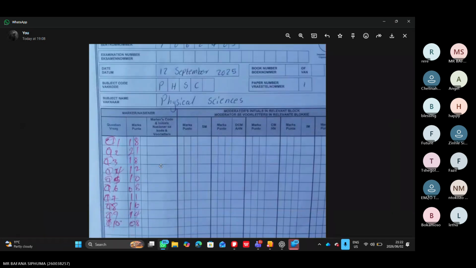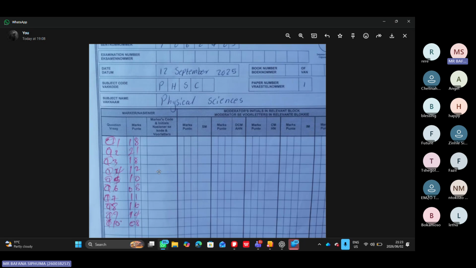This was a trial question paper, September 2025, physical science. Multiple choice, I got 18. Newton's law, I got 21 out of 21. Question 3, momentum, 18 out of 18.